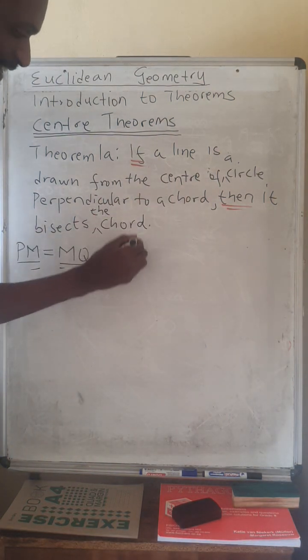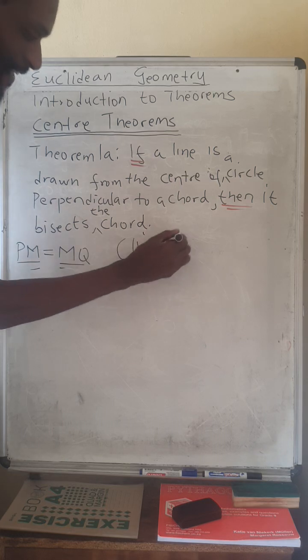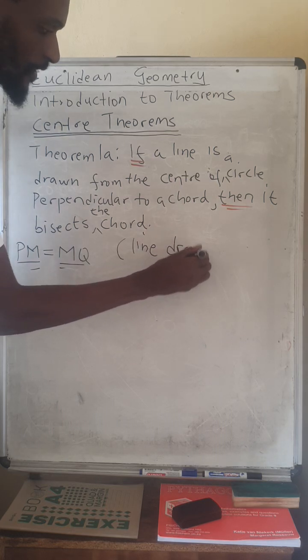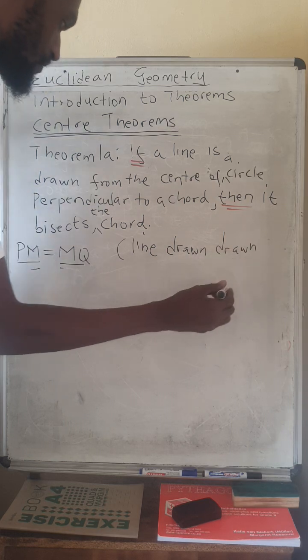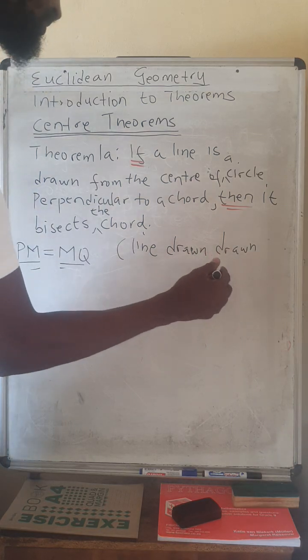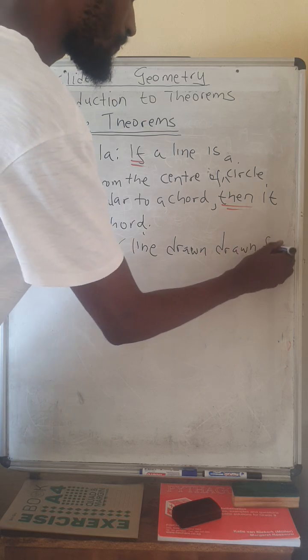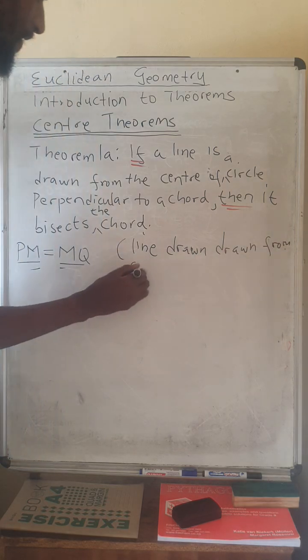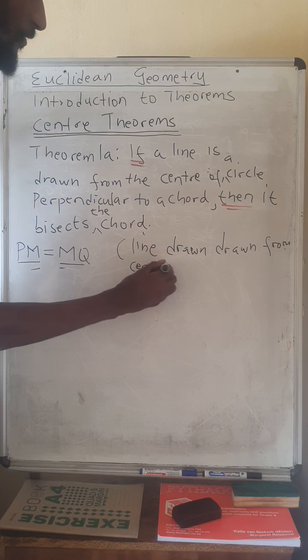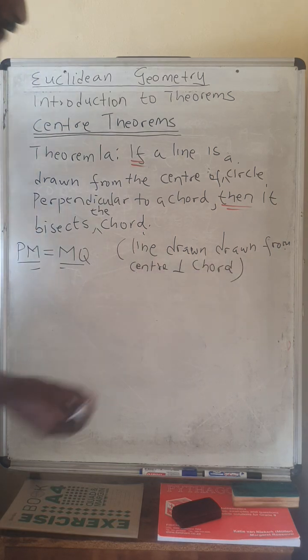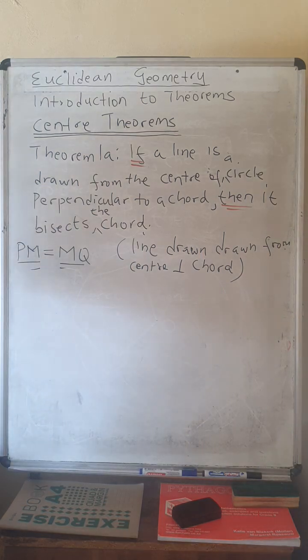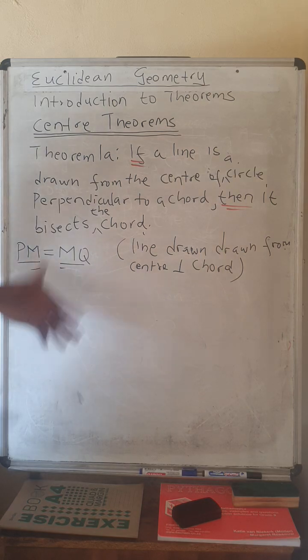Reason being, because of a line drawn from the center perpendicular to a chord. So that was the reason why you said the chord will be bisected. You are just emphasizing that the chord will be bisected.